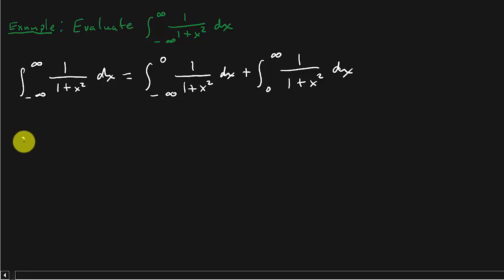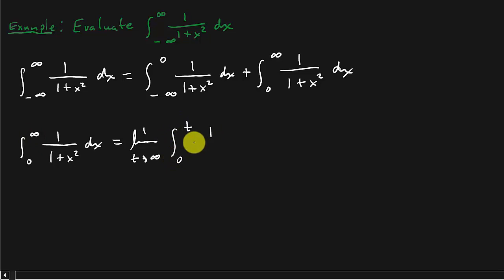So first, let's do the integral from 0 to infinity of 1 over 1 plus x squared dx. All right, so what does this equal? Well, this is equal to the limit as t goes to infinity of the integral from 0 to t of 1 over 1 plus x squared dx.